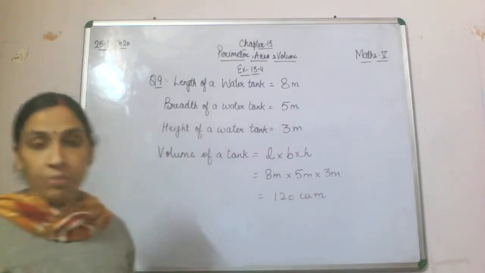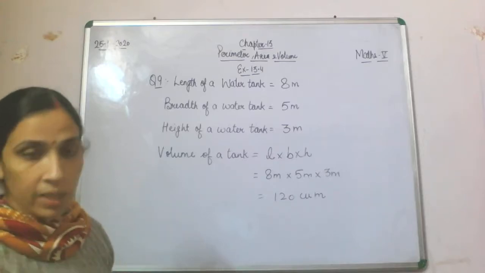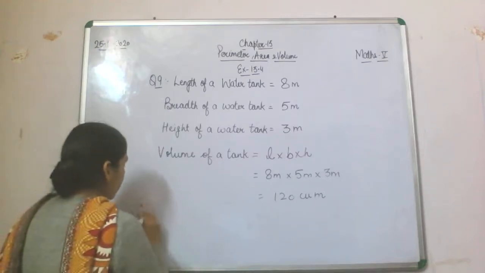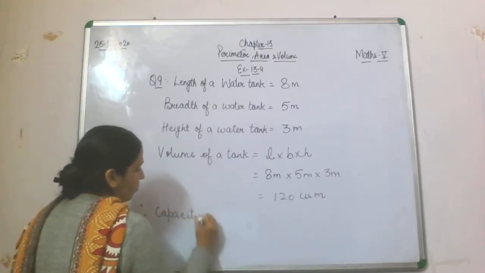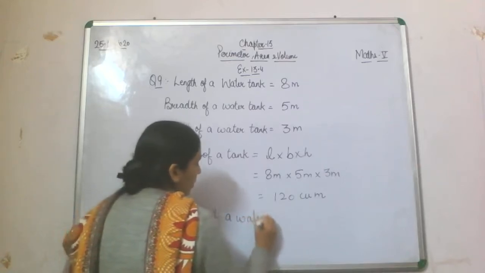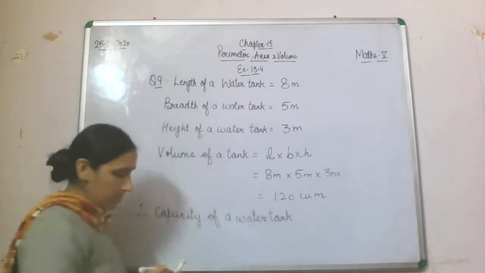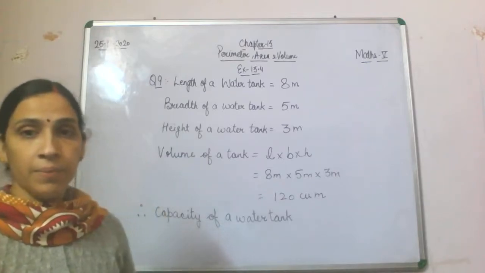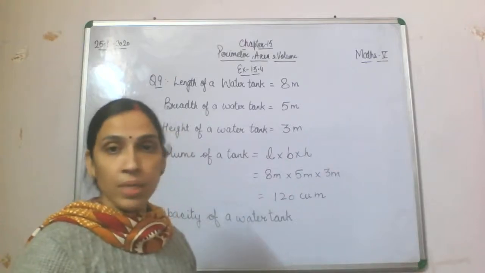Now cubic meter means the capacity of that tank. So we'll write here, therefore capacity of a water tank. Now this volume will be multiplied by 1000, because 1 cubic meter is equal to 1000 liters.